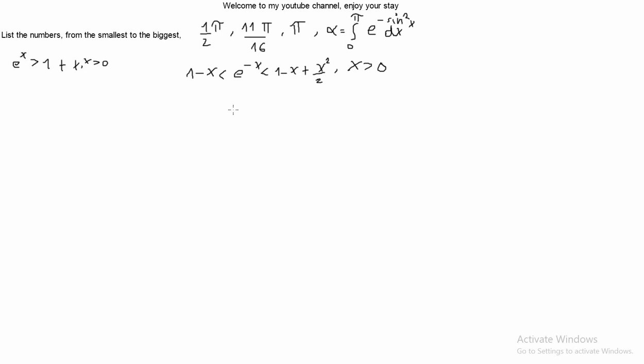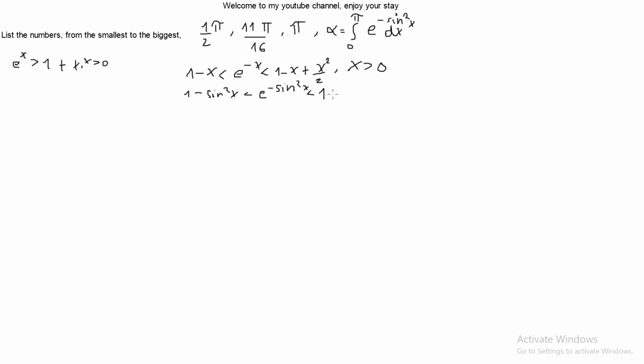So why do we need this? In the place of x, we can substitute sine squared of x. So we get 1 minus sine squared of x is less than e to the negative sine squared of x.